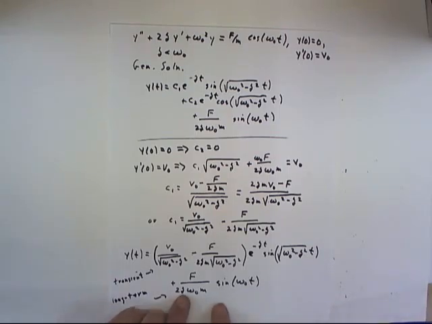That's simply because a smaller delta means less resistance. That means the system is going to oscillate with a greater amplitude. If there's less resistance, there's less energy being dissipated. And a small omega naught, because if omega naught is large, this sine function goes through its cycle very quickly, which means things are moving very fast.